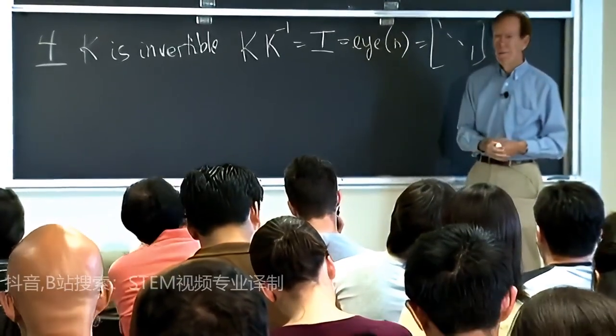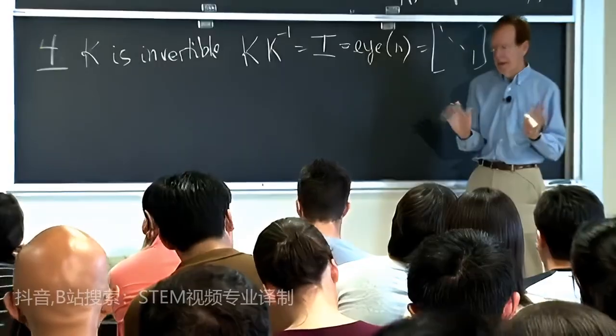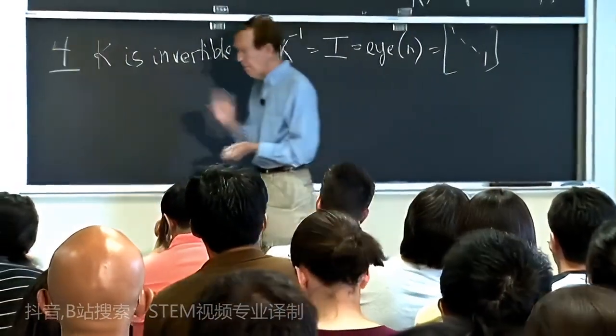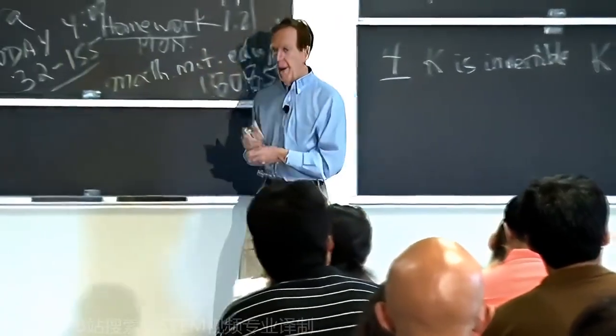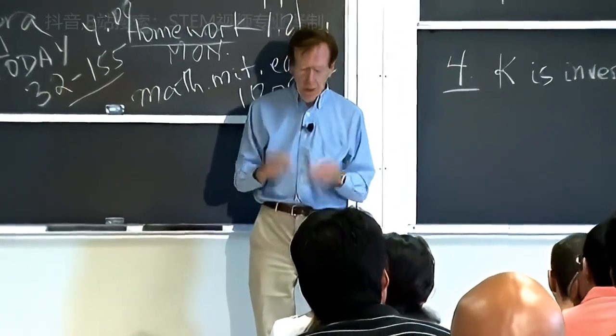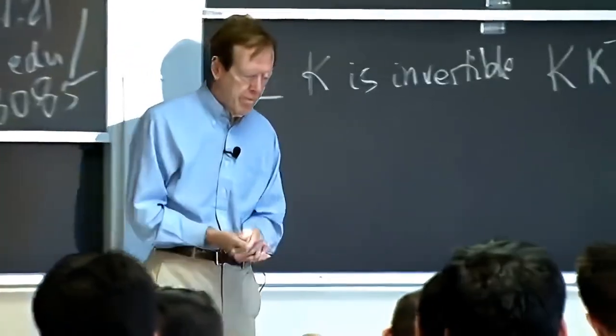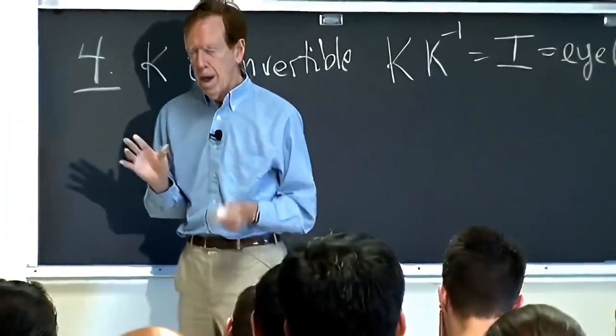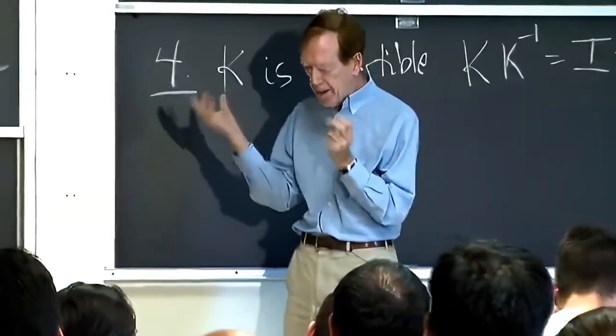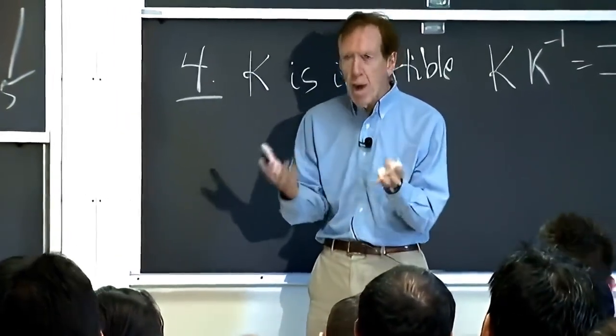But how do you know? How can you recognize that a matrix is invertible? Because obviously that's a critical question. A random matrix would be invertible, for sure. But our matrices have patterns. They're created out of a problem.